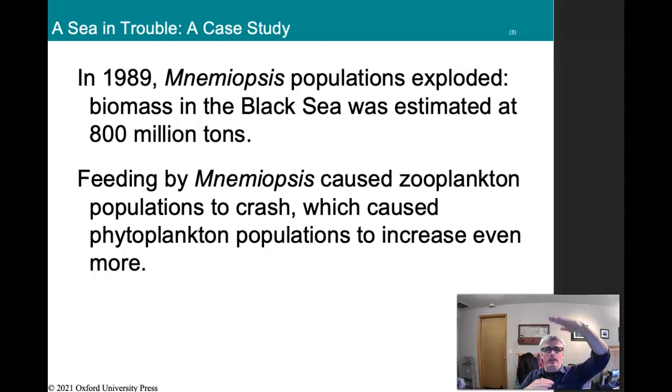So we've got three steps in our food chain. Normally zooplankton are grazing down on the phytoplankton, keeping their populations low. And now the predator of phytoplankton, which is zooplankton, is being impacted by this comb jelly. So we have an increase in comb jellies, decrease in zooplankton, and increase in phytoplankton.